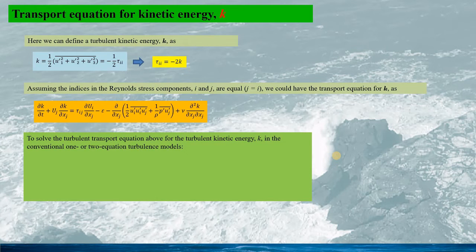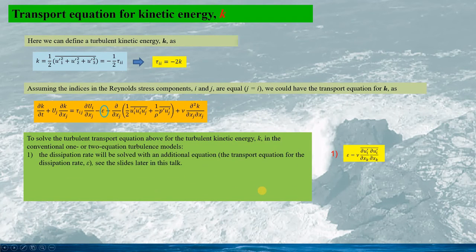To solve the energy transport equation above, as we see in the conventional one and two equation turbulence models, we must model some terms on the right-hand side of the equation. So the dissipation rate must be solved with an additional equation in the two equation turbulence models. And we'll see the details in the next slides in this talk.